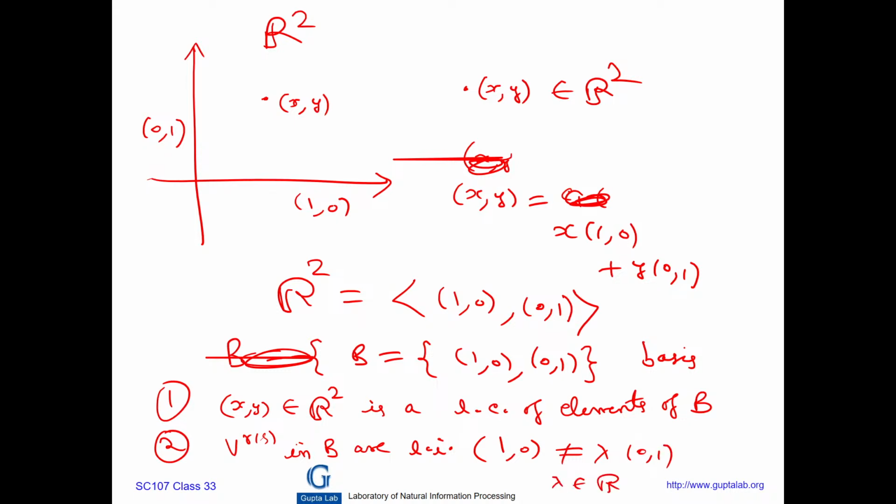You cannot express one vector as a linear combination of the other for any scalar in reals, right? So these two vectors are linearly independent. This is a very important definition. In general, if we have n vectors, I can rewrite it for the n case.